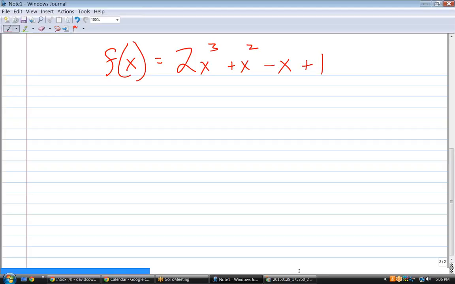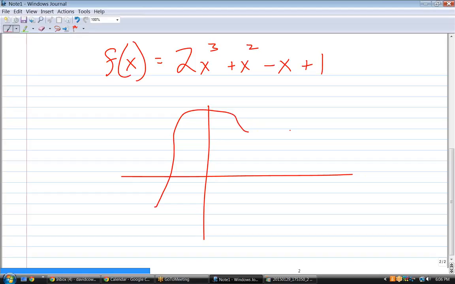All right. So let's guess at a solution here, and the best way to guess at your initial solution is to get an approximate graph of the thing, and that's an approximate graph of this function.